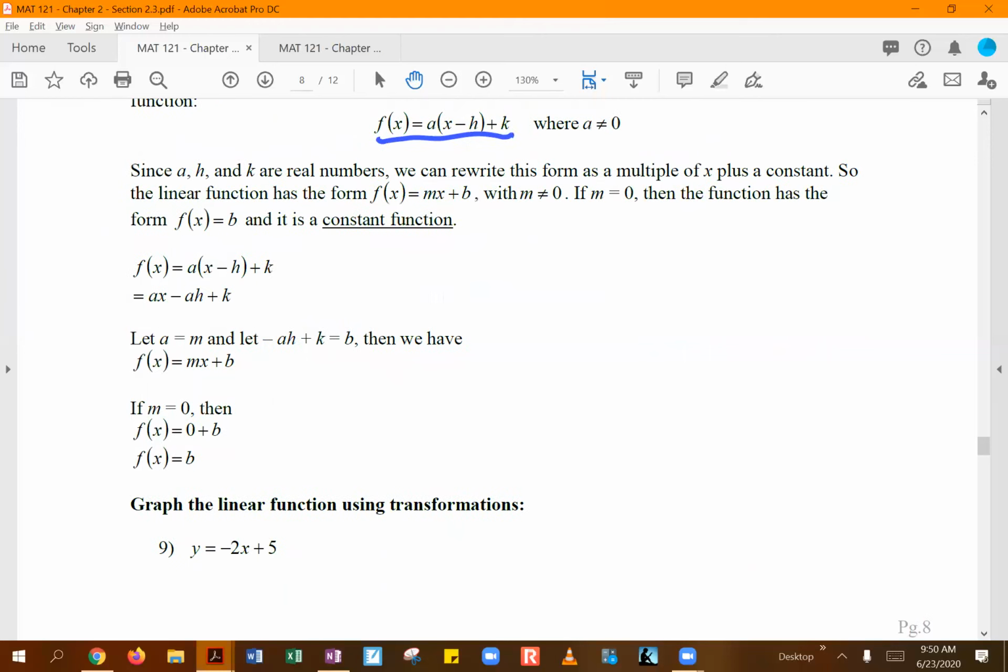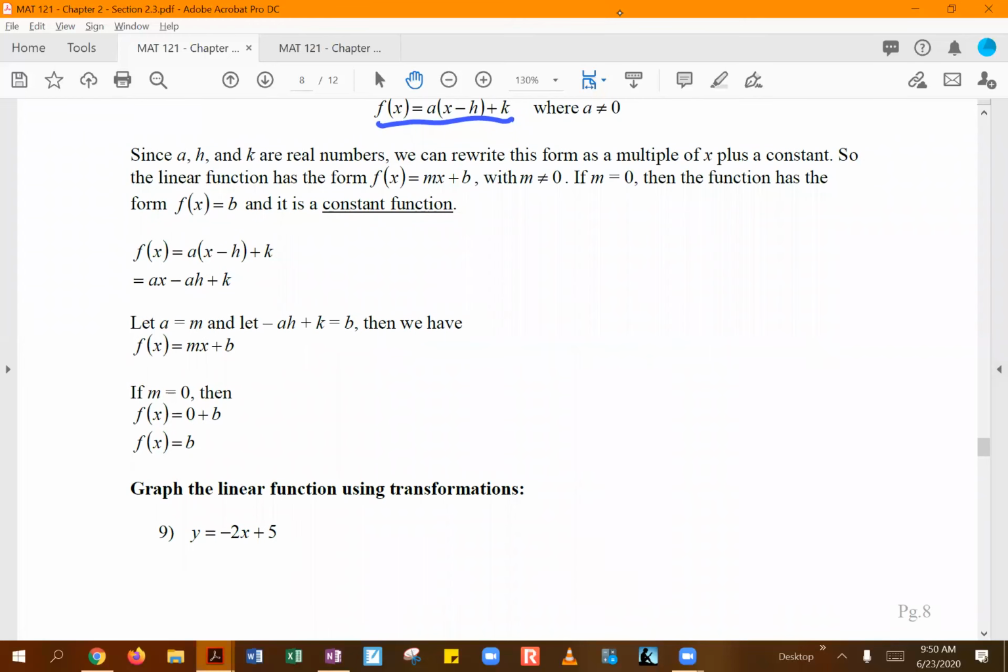So essentially what happens is you can take this transformation form, which is a times parentheses x minus h, plus k, and you can rewrite it as your slope intercept form, y equals mx plus b. You can see here they're starting out by distributing that number a into the parentheses, so you end up getting a times x and then negative a times h.